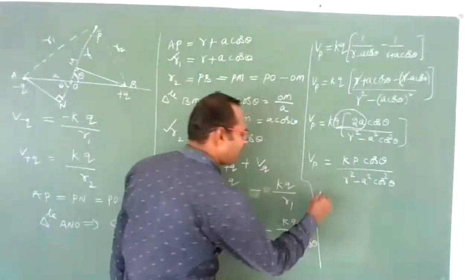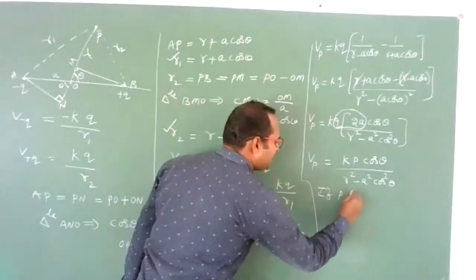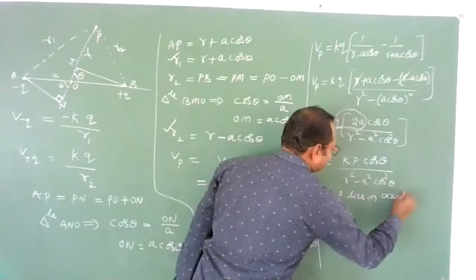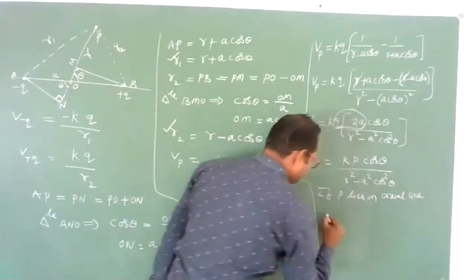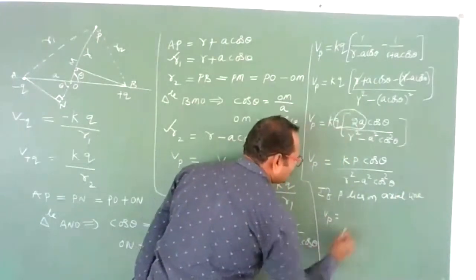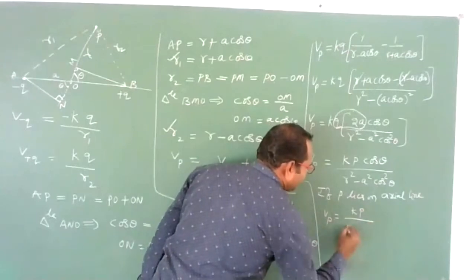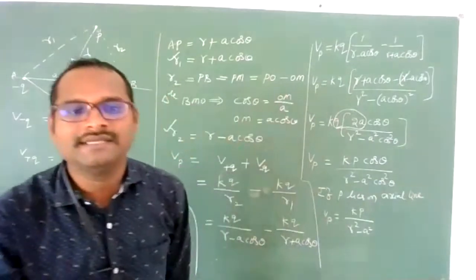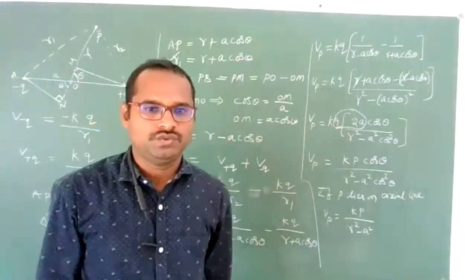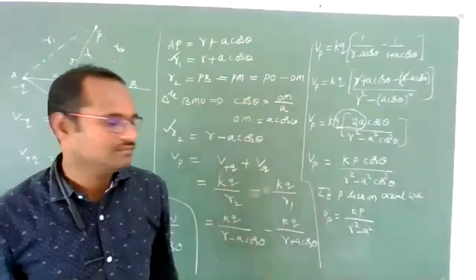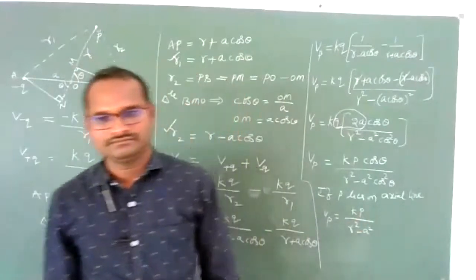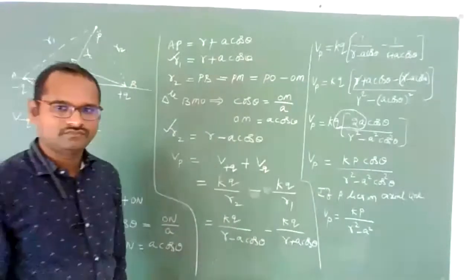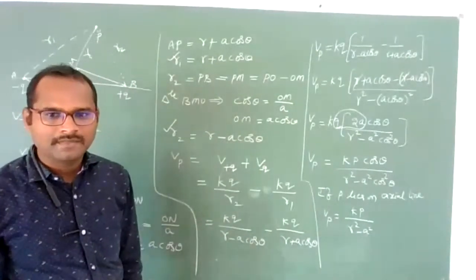Means if P lies on axial line, you will get potential at P equal to KP divided by R square minus A square. Since on axial line, theta will become 0, cos 0 is 1. So you will get this.